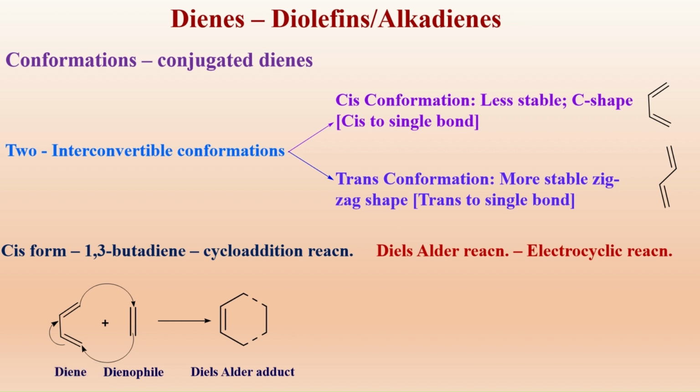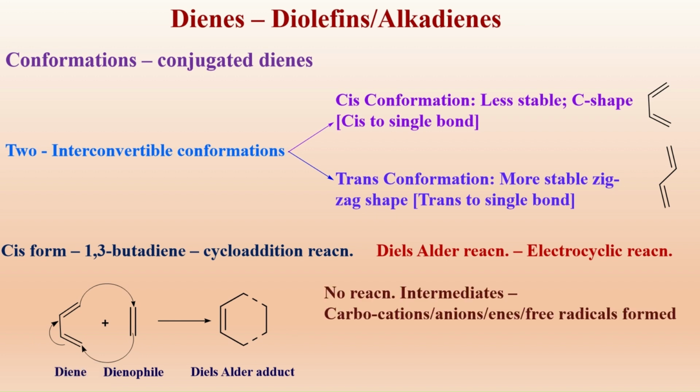In any reaction which you have come across in organic chemistry, it forms an intermediate like a carbocation or a carbanion or a carbene or a free radical. In this Diels-Alder reaction, there is the shifting of the electrons in a cyclic form.